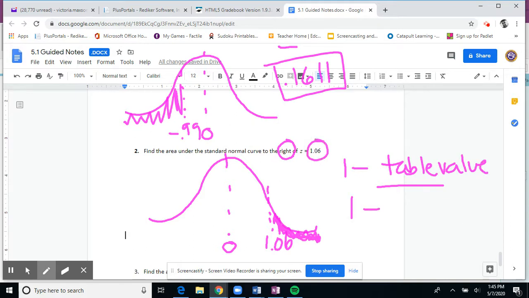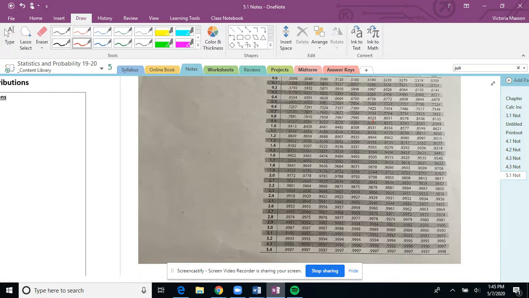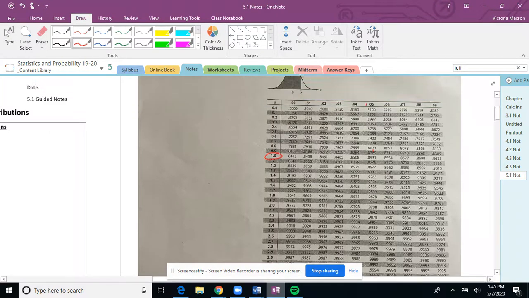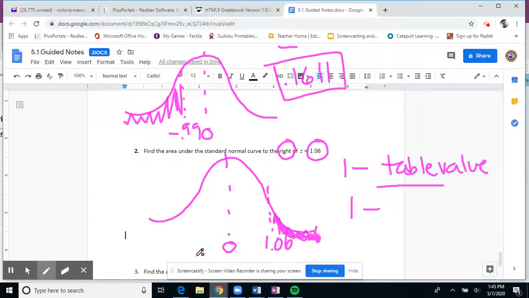So 1.06 on our table: 1.0 is there, 0.6, 0.8554.